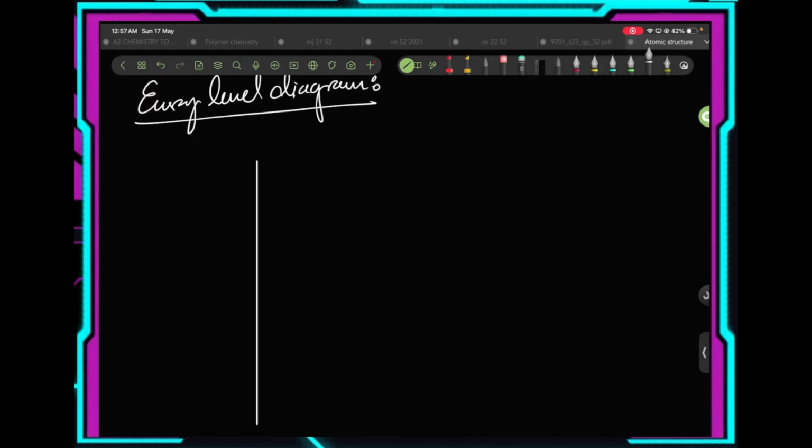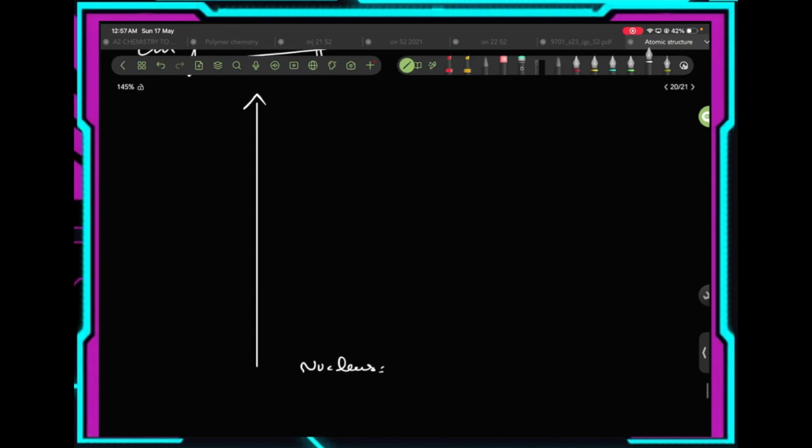What you do is you make an arrow, you make your nucleus over here, you label the nucleus. It's basically a box plot but in vertical direction. So you have energy on the y-axis. You write 1s is close to the nucleus, so 1s2, and you label it.